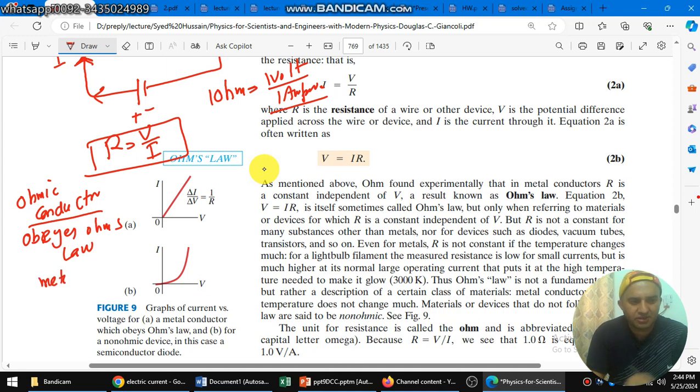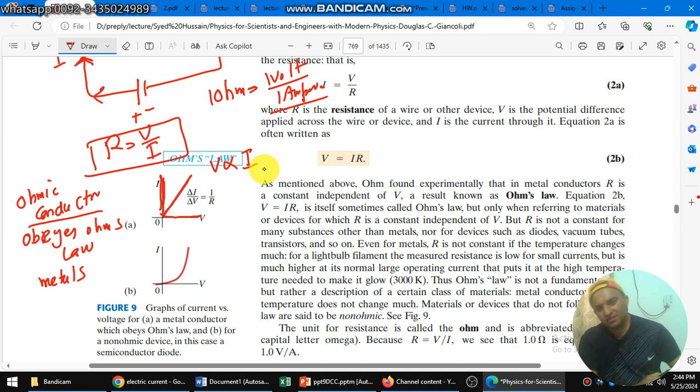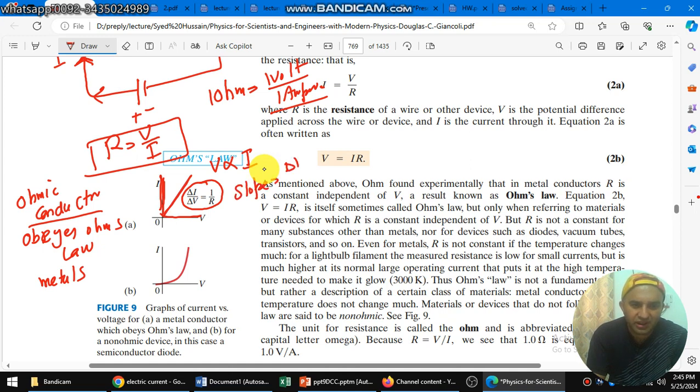The graph of an ohmic conductor between I and V is a straight line, because V is proportional to I. The slope of this graph is equal to 1 over R, because slope is y over x.